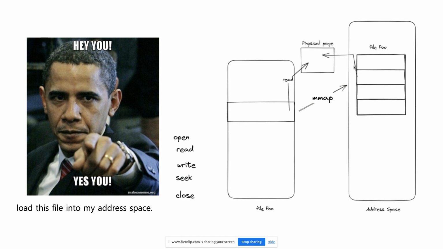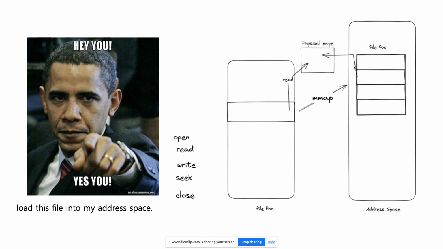If we try to read or write, we get the block from the address space, we create the physical page, and we can read the physical page and also write to it.